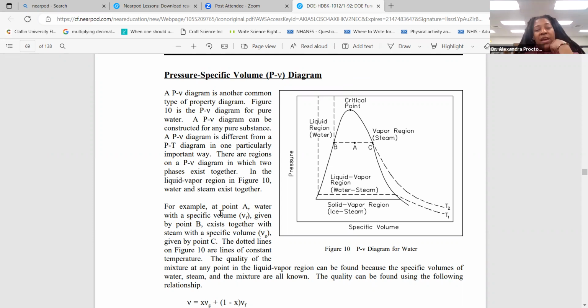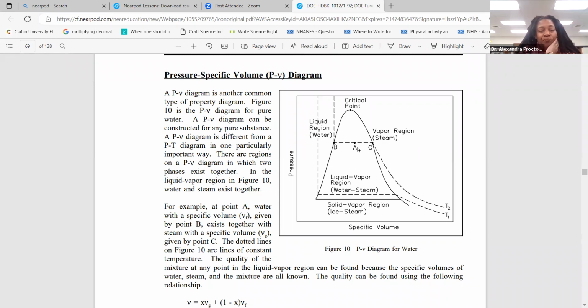In the liquid vapor region, water and steam exist together. So for example, at point A, this point here, water with a specific volume V sub B exists together with steam with a specific volume V sub C. They're just talking about this particular line, saying that this liquid and this vapor coexist.